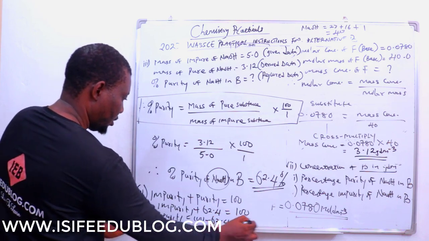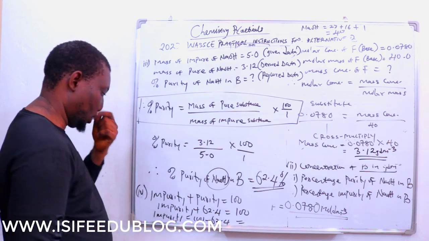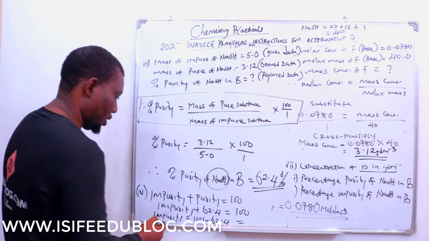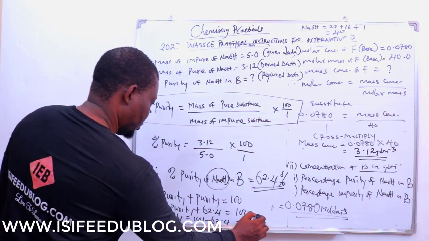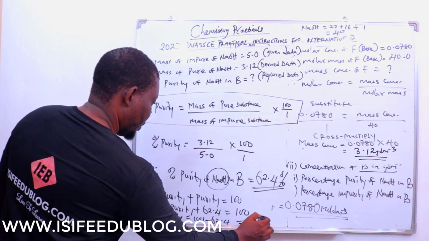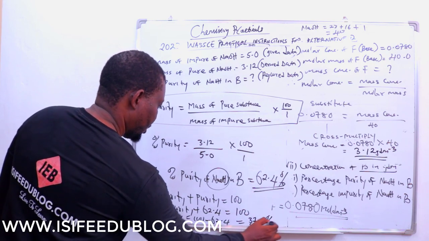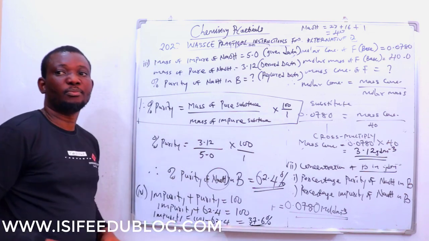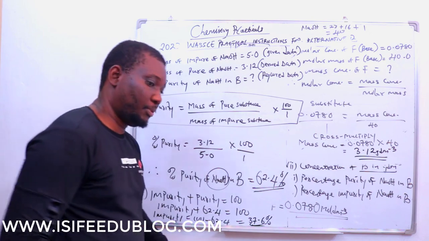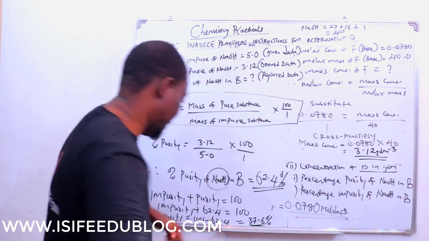So the percentage impurity is 37.6%. That is what is seen as impure.